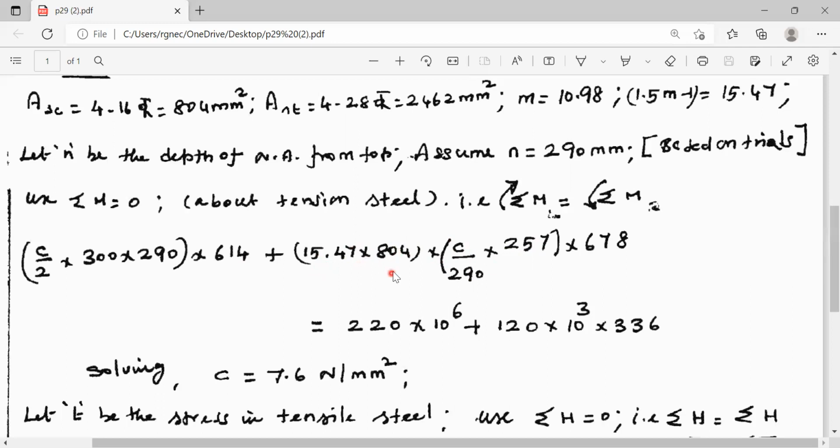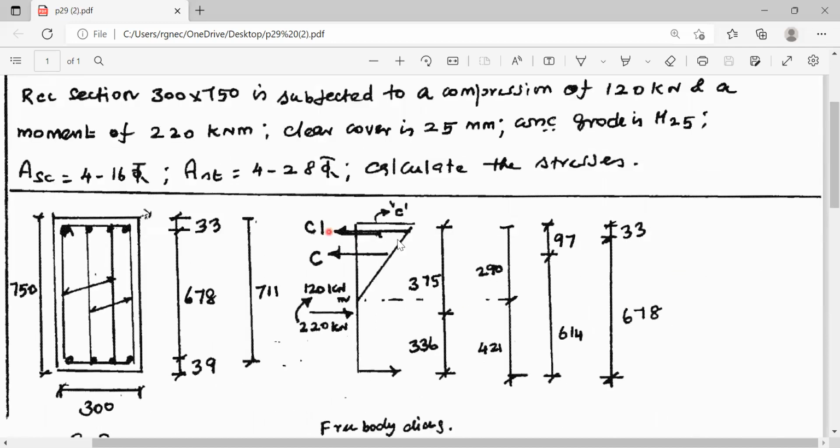Stress into area is the total compression offered by the reinforcement, and 678 mm is the arm distance for the compression reinforcement with respect to the tension steel. This is the C1 force. This is the arm distance.